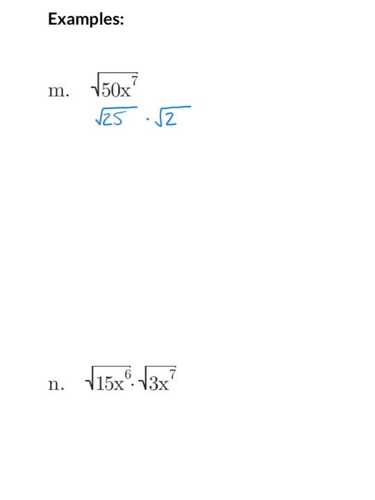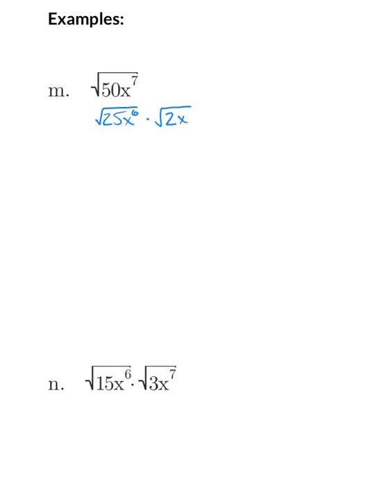For the variables, remember that we want the largest even number that is less than the given exponent. So the largest even number less than 7 is 6. This is going to go in my square group. And I have 1 left over in my non-square group.